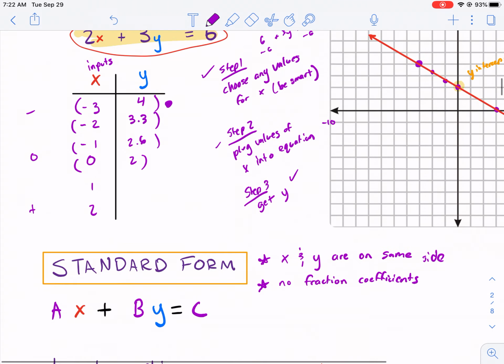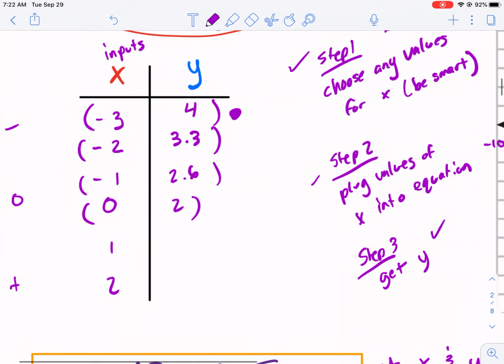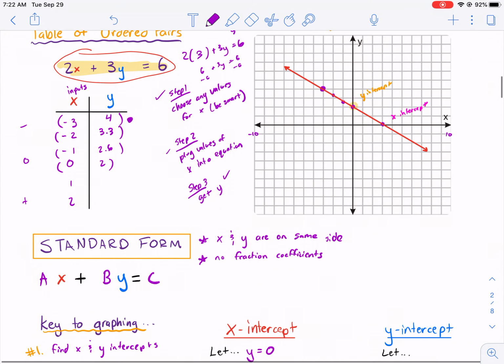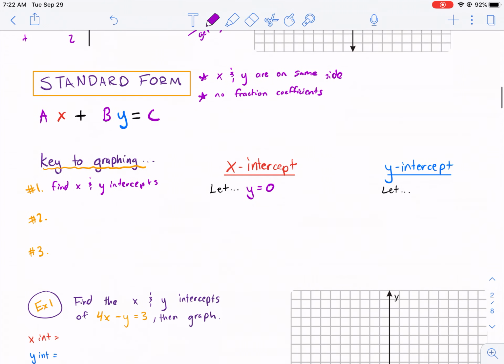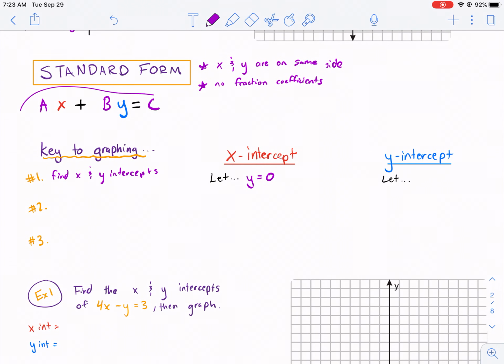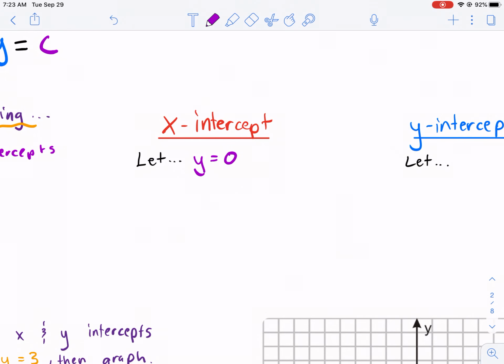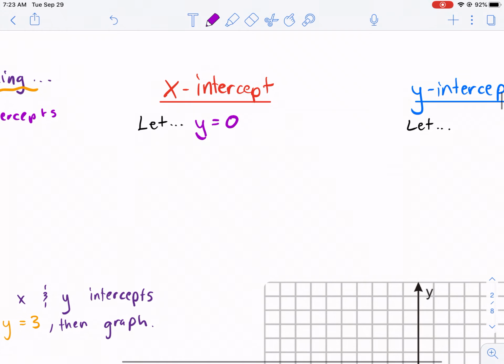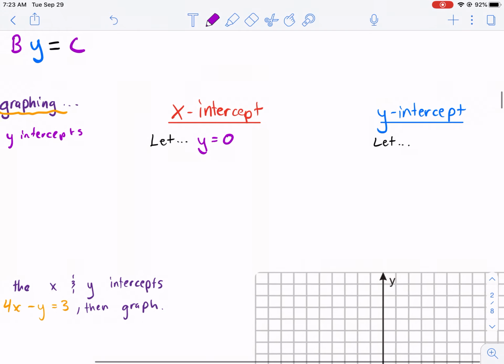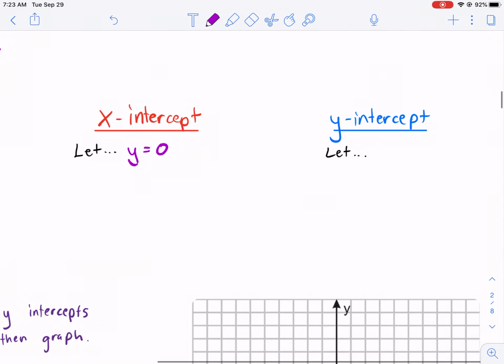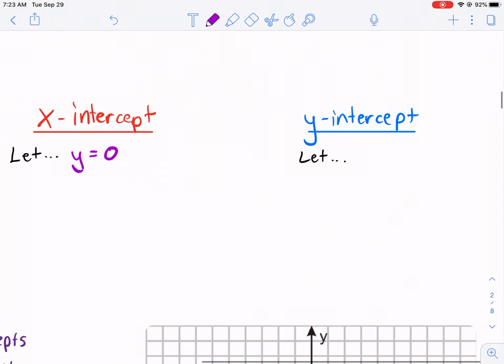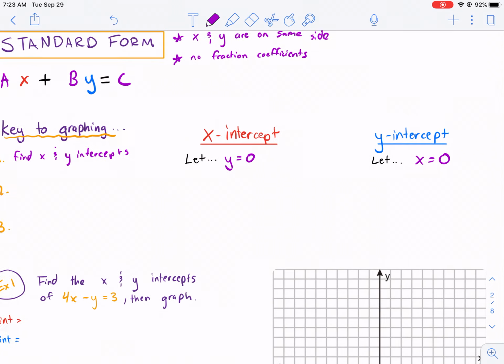So remember how when we had the table of ordered pairs, we could pick any values we want? Well, we know there's an infinite number of possible values that will satisfy this equation. So we want to find very specific ones. We want to know where X is when Y equals 0, and that will tell us where it crosses the X-axis. Now, when we want to find the Y-intercept, it's exactly the opposite. We want to let X equal 0, and then we will find our Y-intercept.